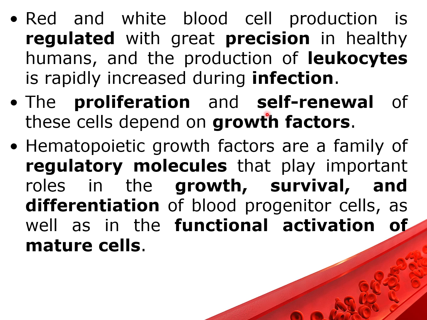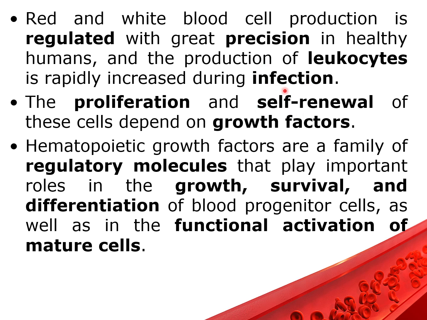The production of red and white blood cells is closely regulated, and it is regulated with precision. That means our body should not make any mistakes in making the blood types. Otherwise, it will be called a disorder.